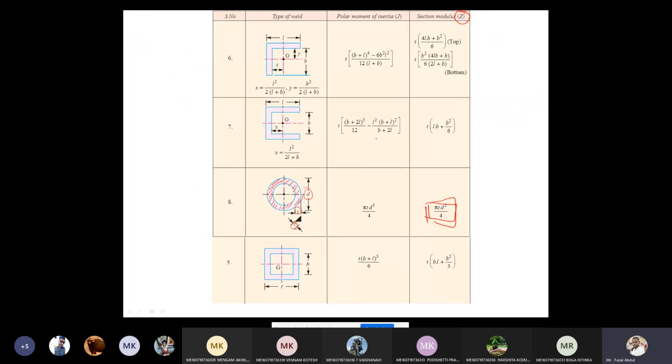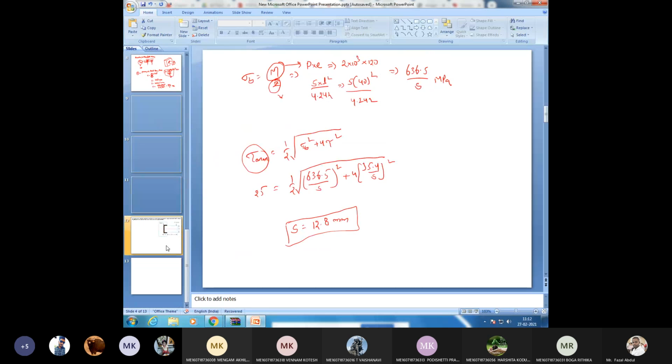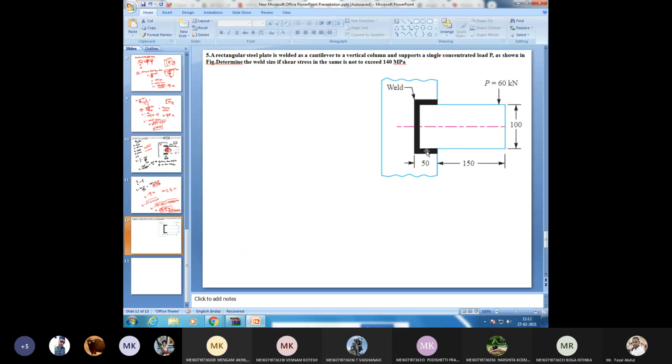Now tell me which cross-sectional figure we have to select from the table. I'm displaying it on the screen. Tell me the figure name. Which figure should I consider for the given problem? So see, this is the question.